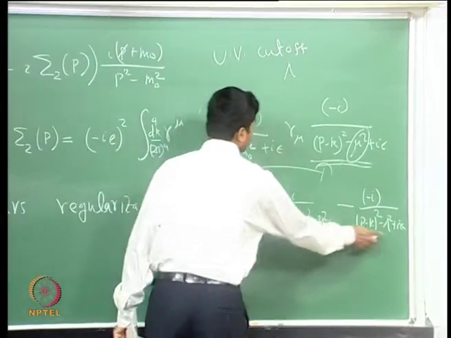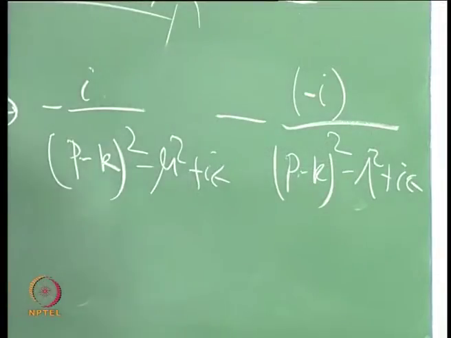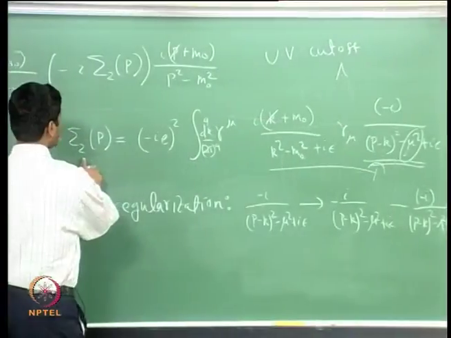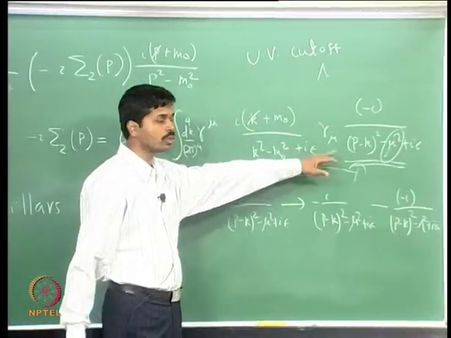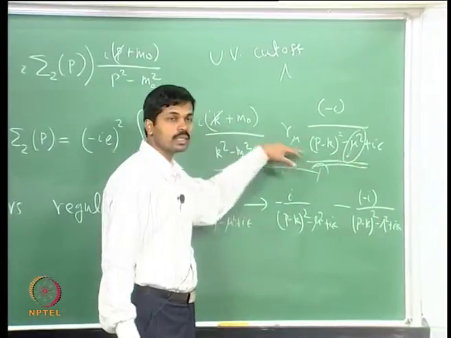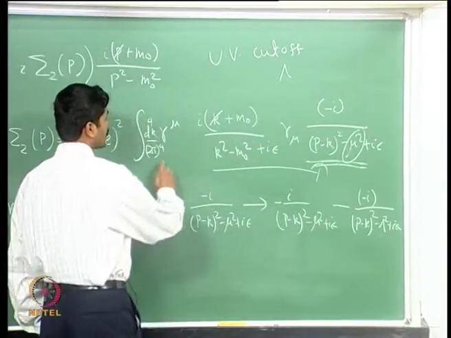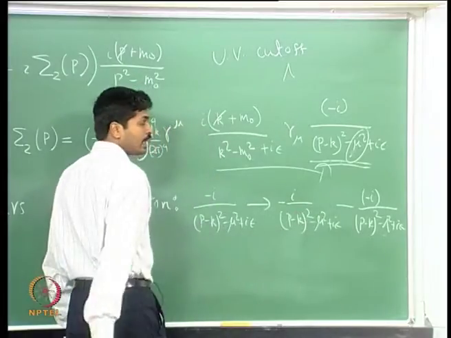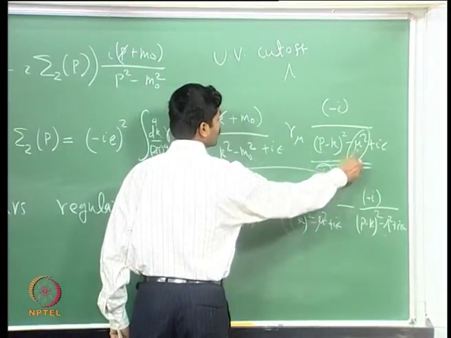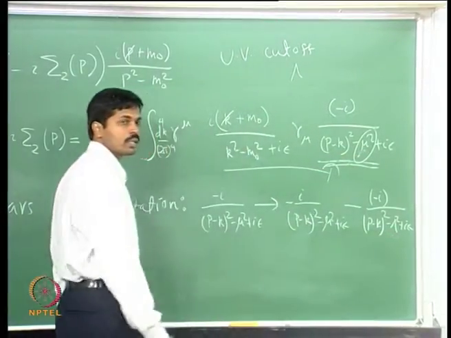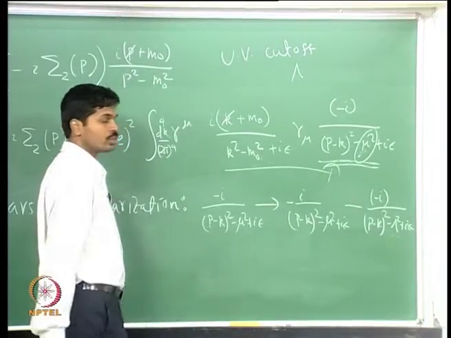So, this is what we will do. Instead of this, we will substitute this. So then in I sigma 2, you will basically have two terms. One term is given by this, the other term will look exactly like this, except that instead of mu, you will have this capital lambda. All right.